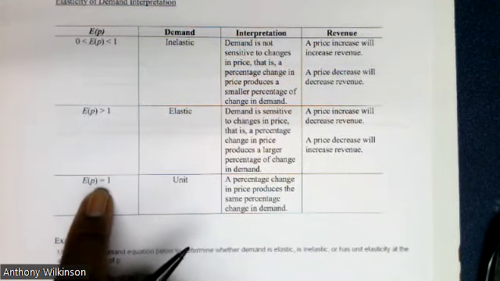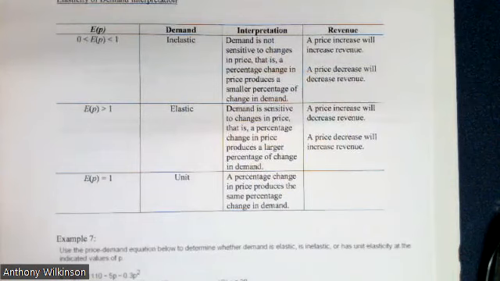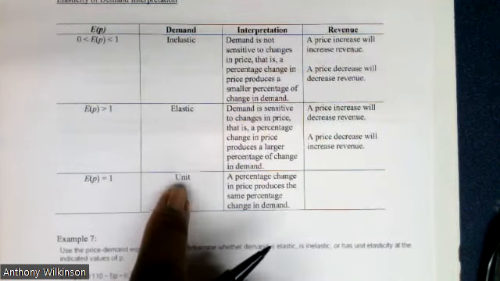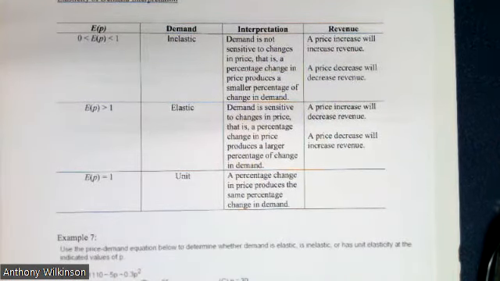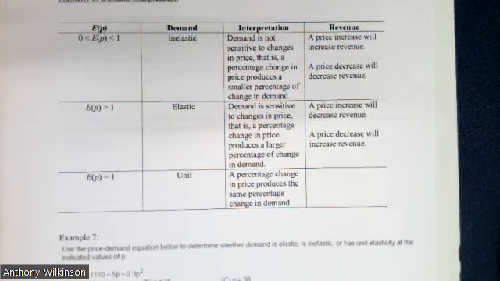Now, if your E of P happens to be equal to 1, then your demand would be unit. You'll have unit elasticity. So a percentage change in price produces the same percentage change in demand. Okay. So with that, it will have no impact on revenue.